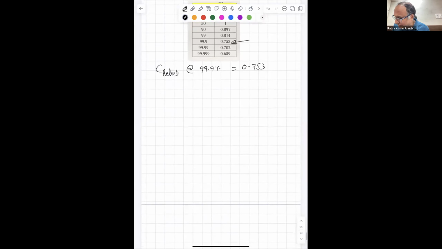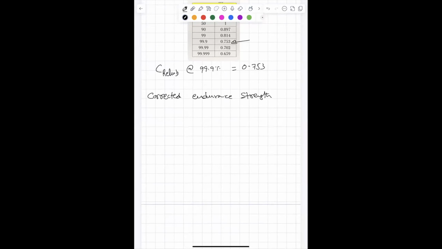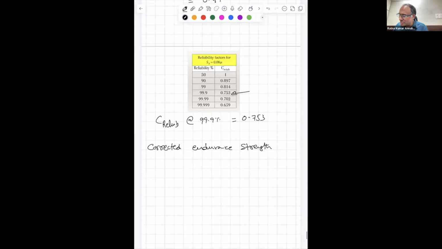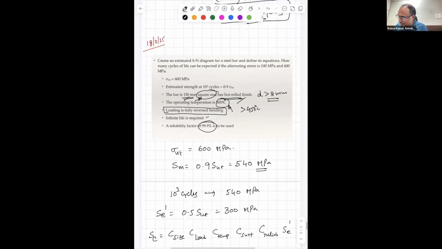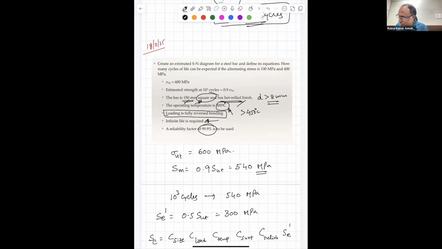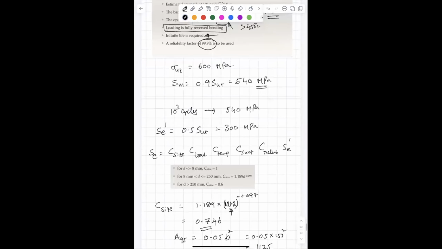Now I can write the corrected endurance. Sir, one more thing. Infinite life required was written. Infinite life means you are talking about 10 power 6 cycles, right? Okay, yes, sir.